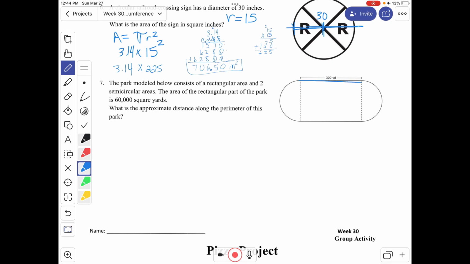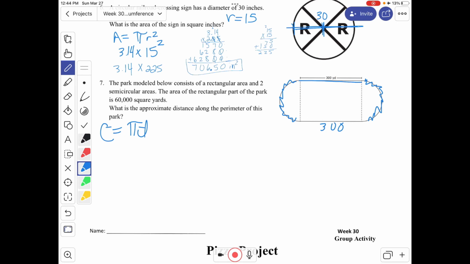Well, I know this much is 300, so this much is probably also 300. What I don't know is this part right here. Well, those are two semicircles. If I put them together, they'd make a whole circle. What I'm trying to find is the perimeter of the circle so I can add it to the other two numbers. Well, circumference formula would be pi times diameter.